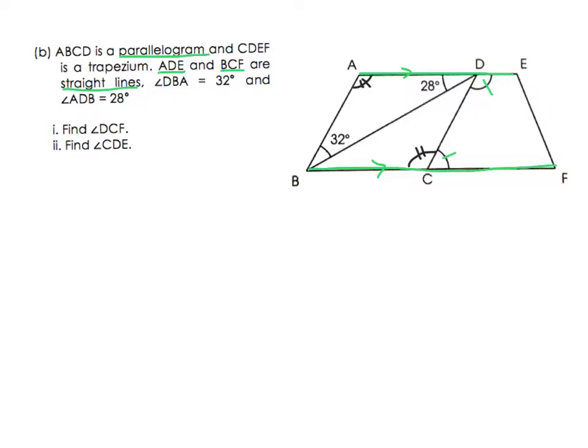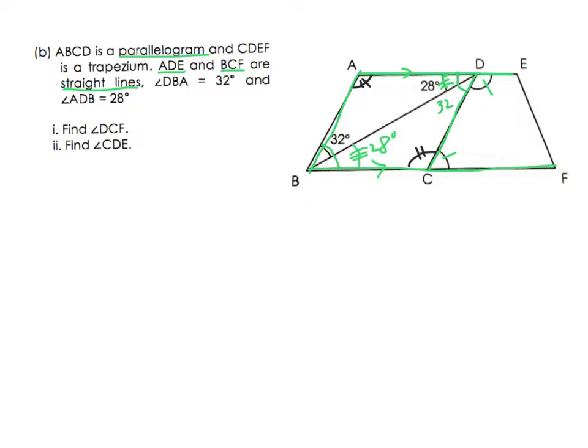If it's a transversal, that means this angle here, that's 28 degrees, is the same as this angle here. So that's 28. And since this is a parallelogram, the sum of 32 and 28 is the same as the other side. So that means this is also 32.